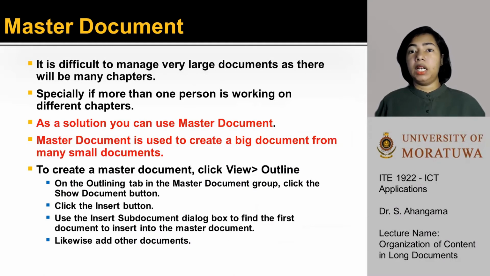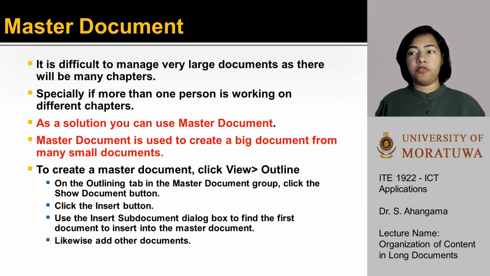Think about a large document that you have created. Maybe you are creating a document now. You will have many chapters. It will not be just 1 or 2 chapters. Maybe you have 6 chapters or 7 chapters. So it is very difficult to manage a very large document that has many chapters.